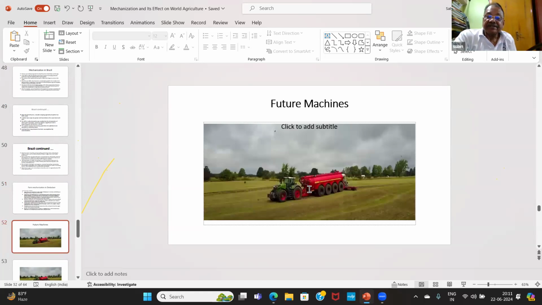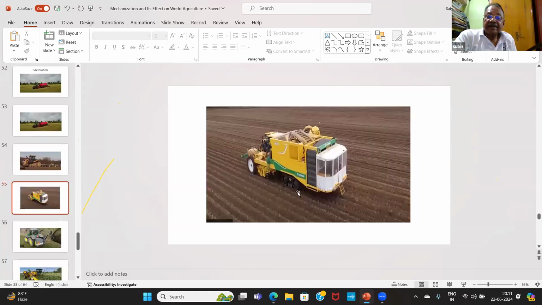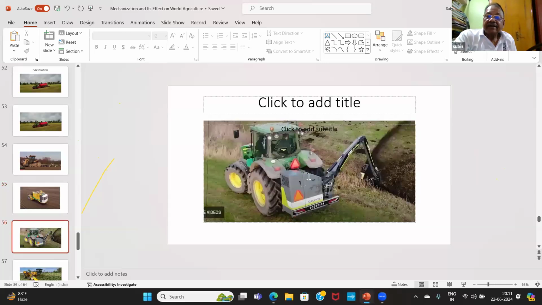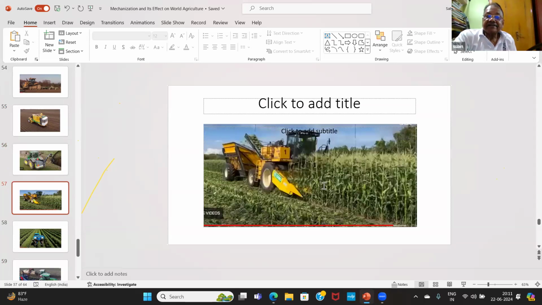So future machines, you see how big machines are there. This is a drain cleaning machine, tractor cleaning the drain. This is corn harvesting.